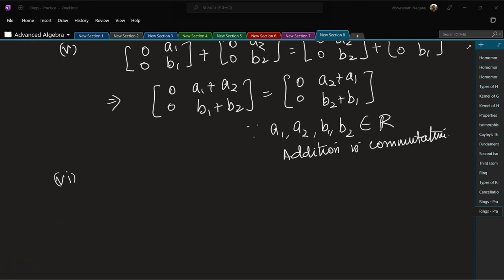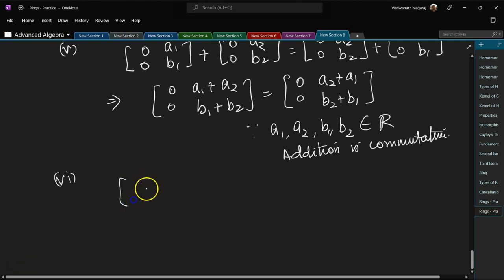Now we have to look at closure under multiplication. So let us say we have a matrix [0, 0; A1, B1] times [0, 0; A2, B2].